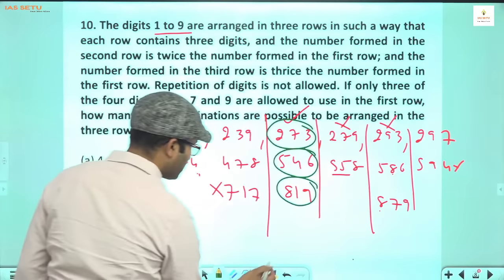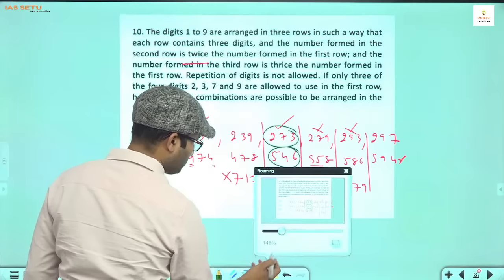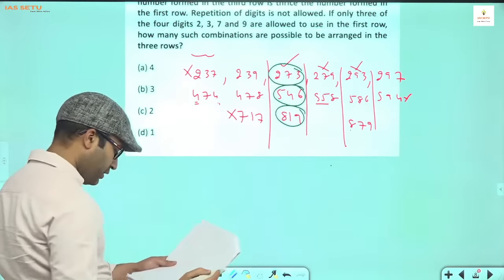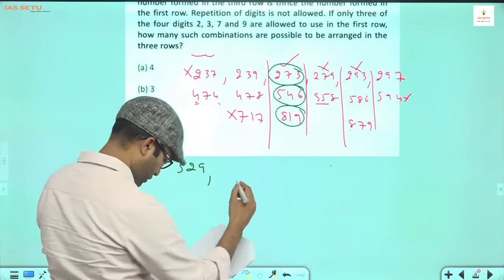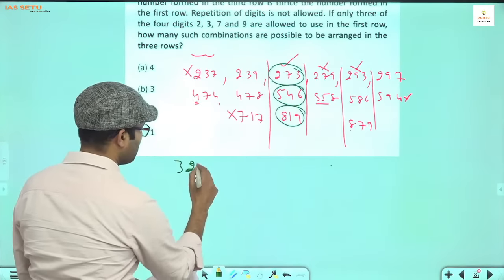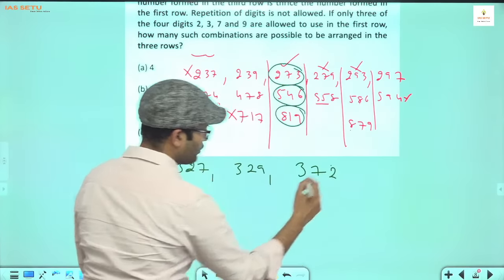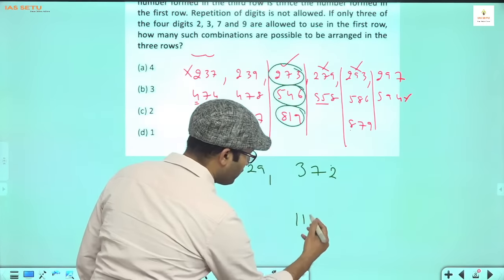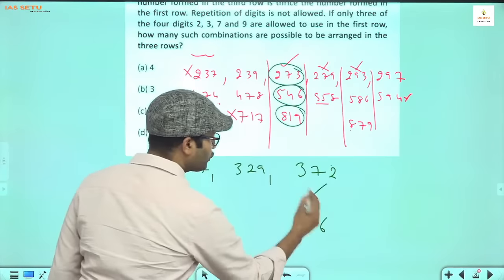But there is one more case in the 300 range. 327 first, then 329, 372. When you take triple of 372, it comes to 1116, which becomes a 4 digit number, but it has to be a 3 digit number, so not possible.